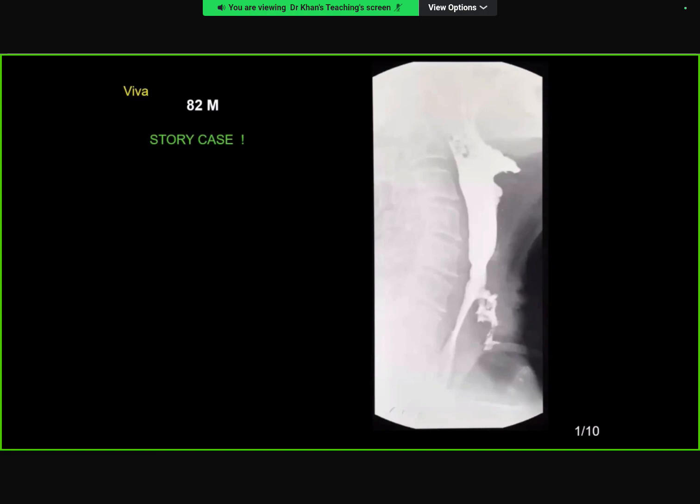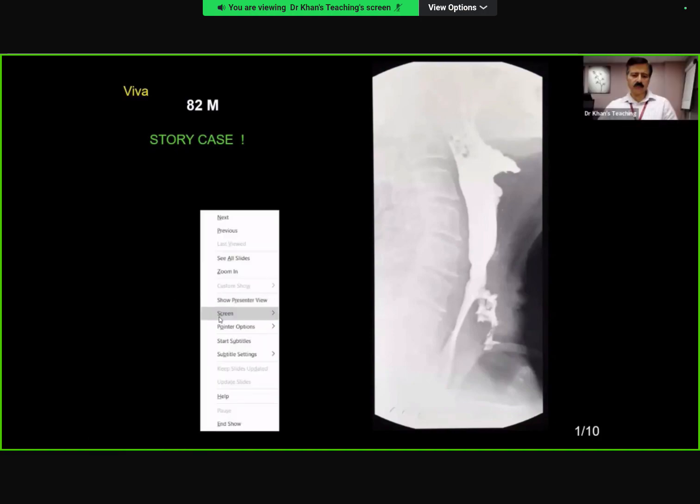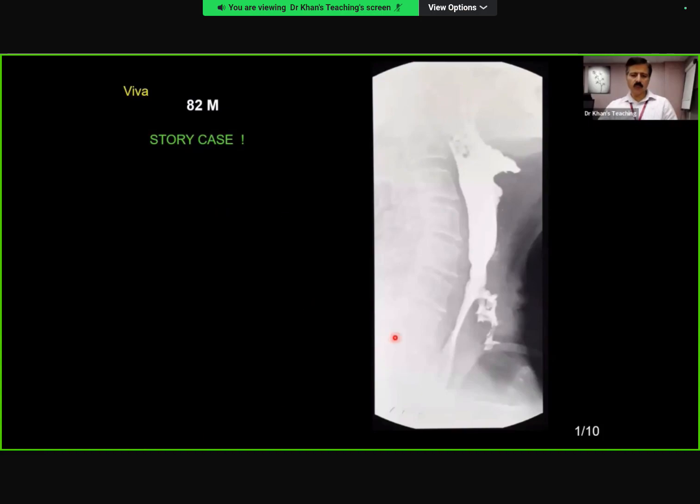There's an impression of a filling defect at the level of C2. Don't worry about the filling defect. So you have picked up some aspiration. What do you think is happening?